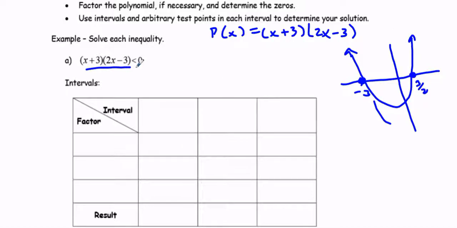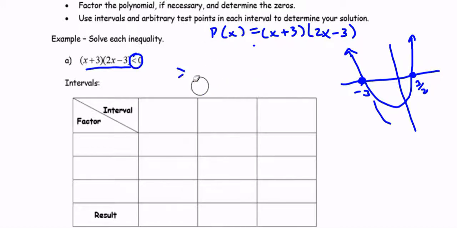So this sign here is telling us what we're looking for. We're looking to see whether the graph is negative. Less than 0 would be negative. Greater than 0 would be positive. Okay? So we first have to factor it, if necessary, to determine the zeros. Well, you can see that it's already factored for us.